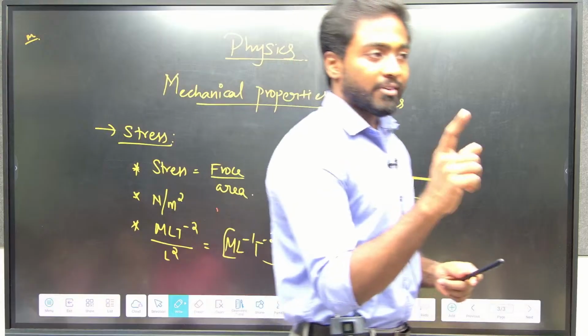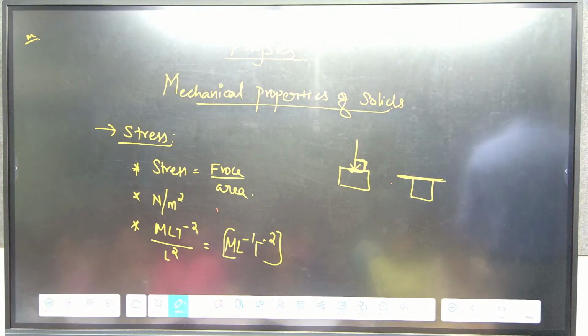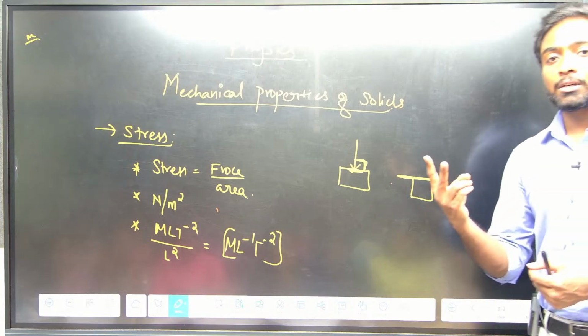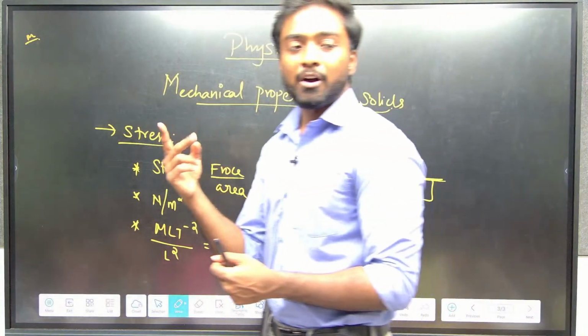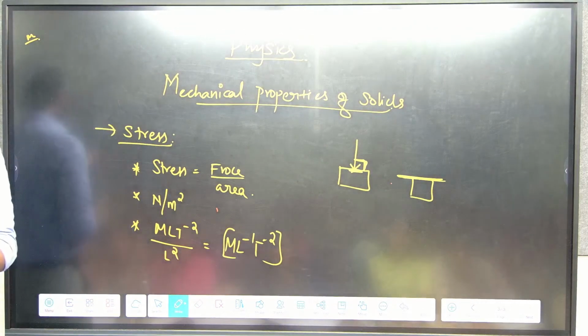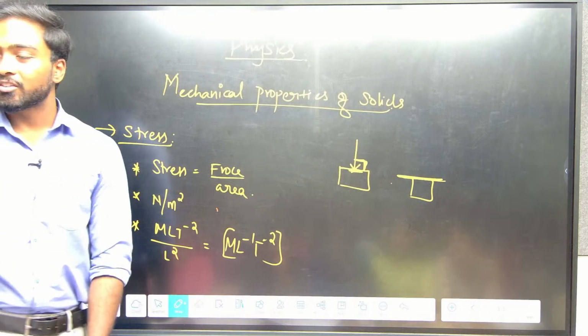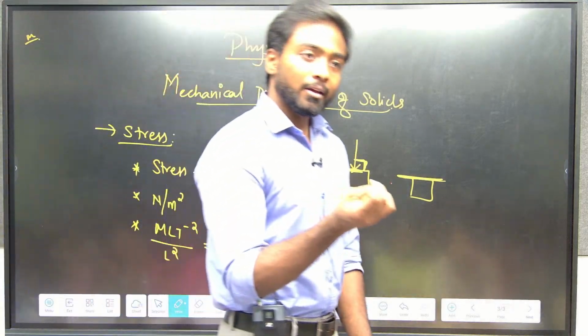And the third one is volumetric stress. Volumetric stress is what we deal with in terms of fluids. In fluids it is pressure, which is force by area. Same formula, no? When we talk about volume, a liquid, the volumetric stress is pressure, which is force by area.